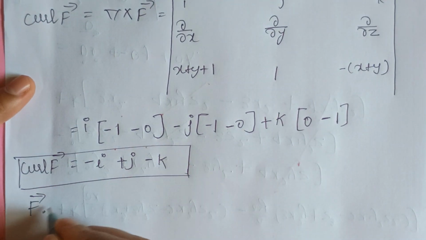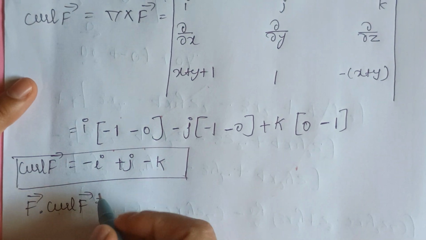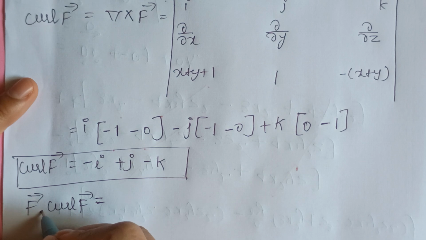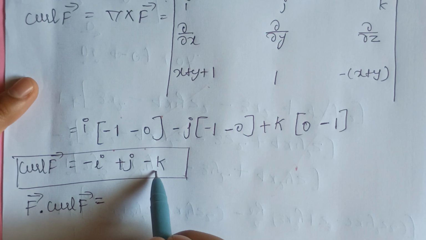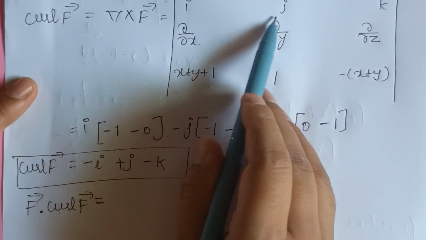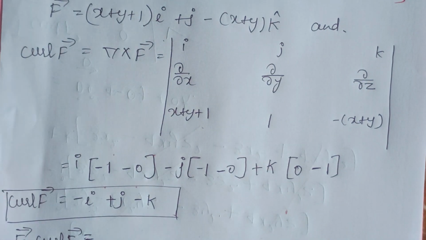So vector f dot curl of vector f. Now here we have to find the dot product, so just multiply vector f with the corresponding elements.